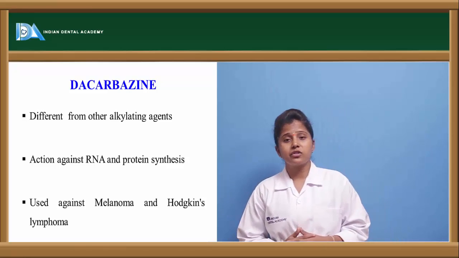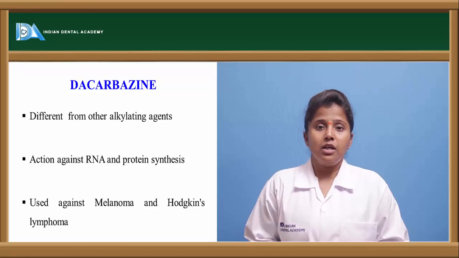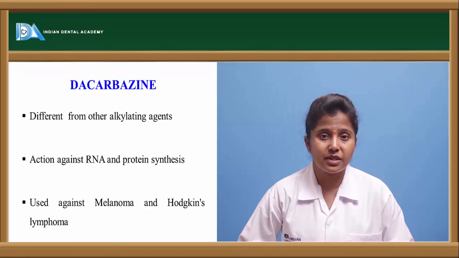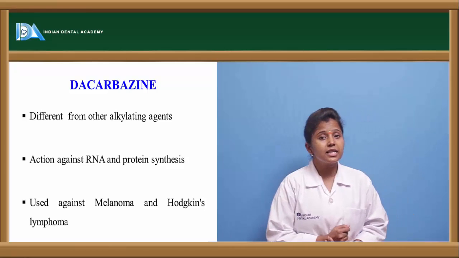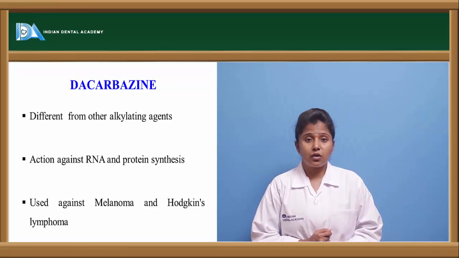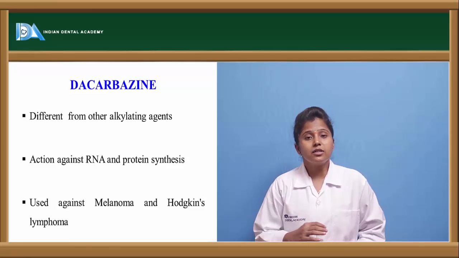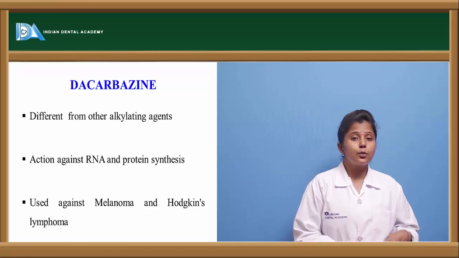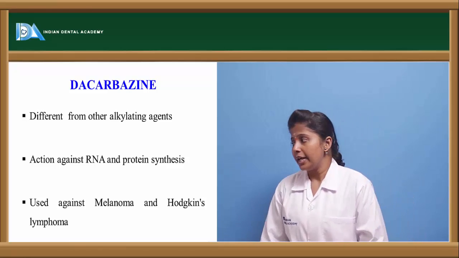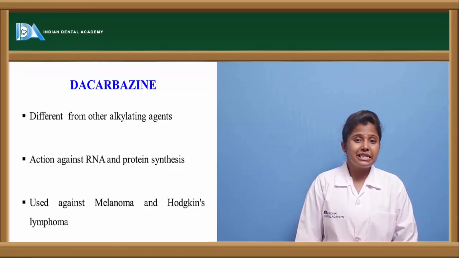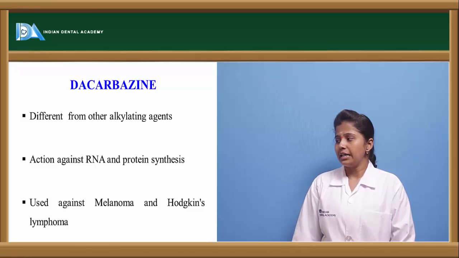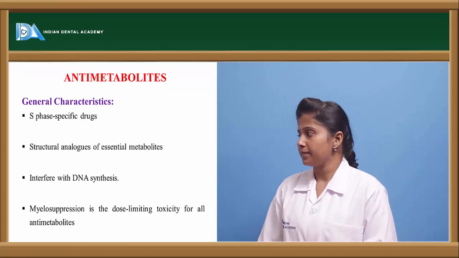In RNA also there are 4 types of nucleic acids, but instead of thymine, uracil is present. So the nucleic acids present in the RNA are altered because of the drug dacarbazine. The mechanism of action is a little different when compared to other alkylating agents, and it is used against melanoma, that is a very serious skin cancer, and Hodgkin's lymphoma.